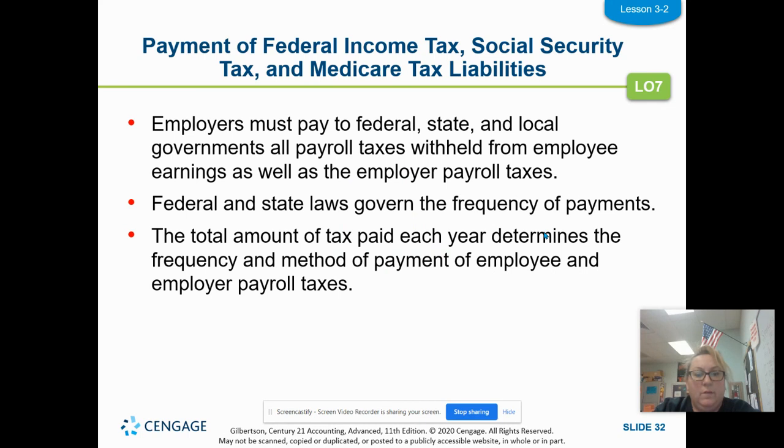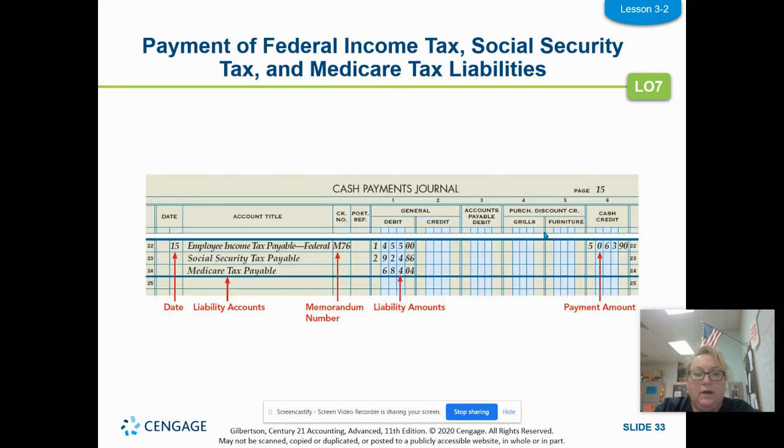I think for the most part, you guys can see those in there. So this is the paying of those taxes set aside. We've got our employee income tax payable. Federal, this is generally both the employee and our portion, right? Social Security tax is both the employee and our portion.